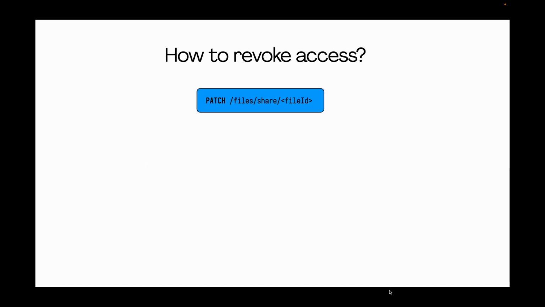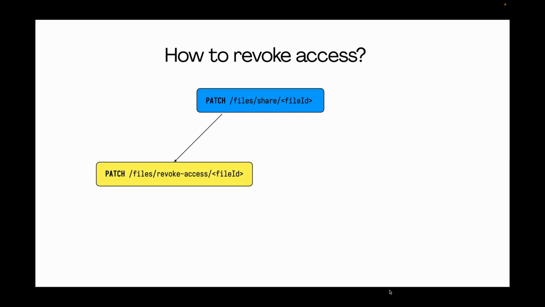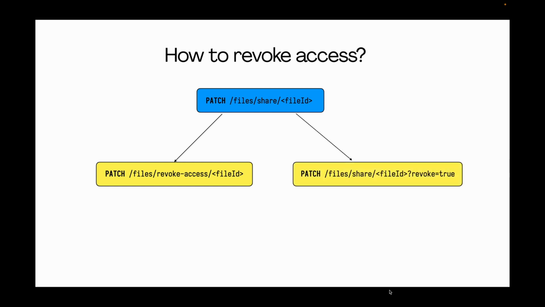So let's look at the possible API for revoking access. We have two different options here. The first one is to use a different endpoint. So we have share files and also we have revoke access. The next approach is to use the same endpoint but with a special variable, revoke.